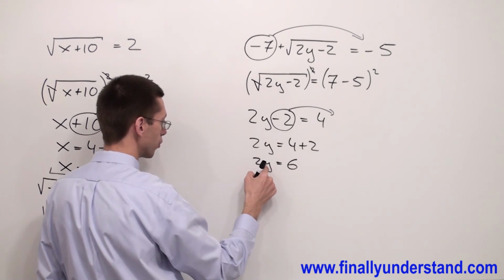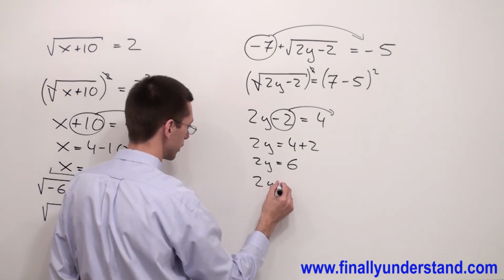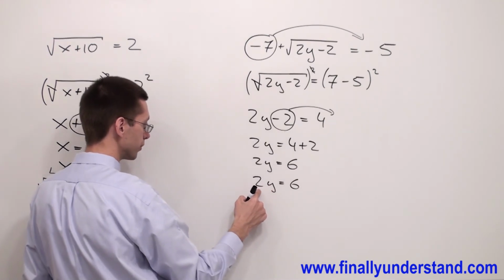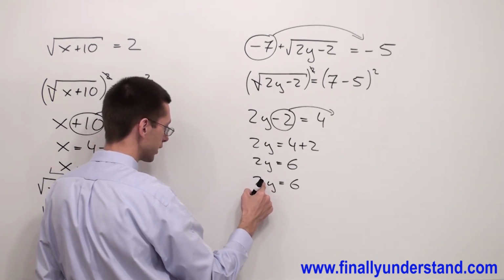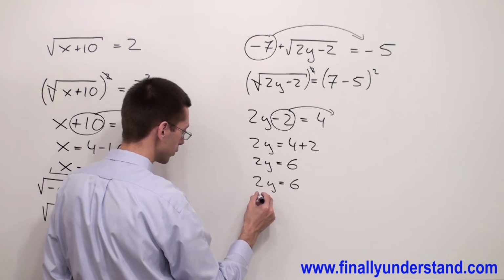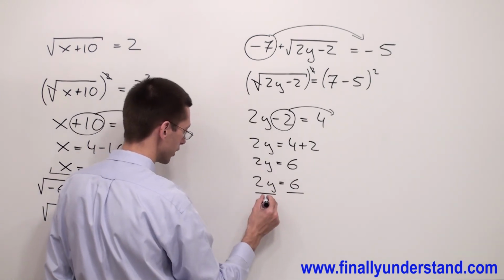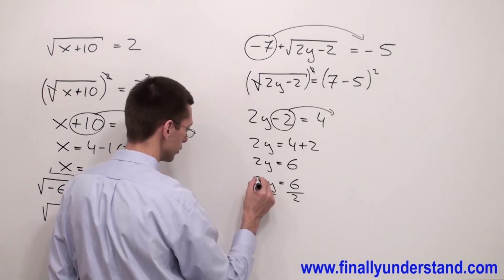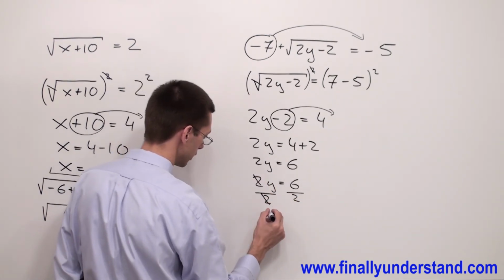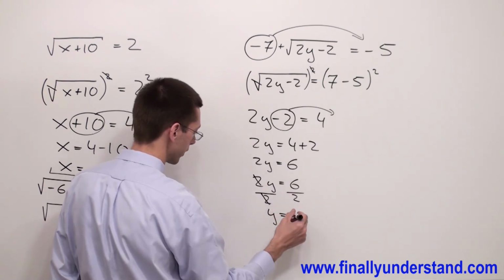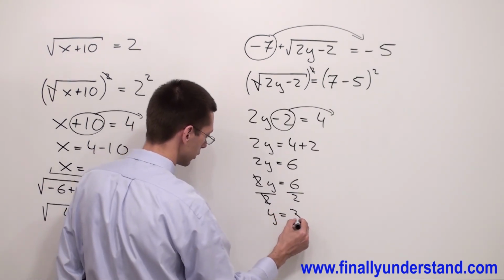I'm looking for y. Y is multiplied by 2. I do not want to see any multiplication and 2 next to y. That's why I have to use division in order to eliminate this 2. I'm going to divide both sides of the equation by 2. 2 and 2 will cancel out, and I have y equals 6 divided by 2, which is equal to 3.